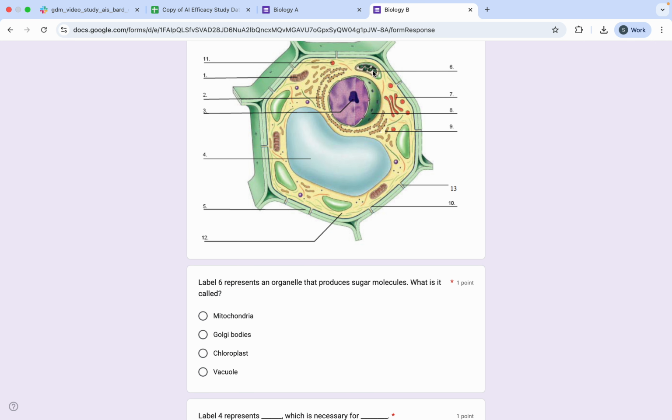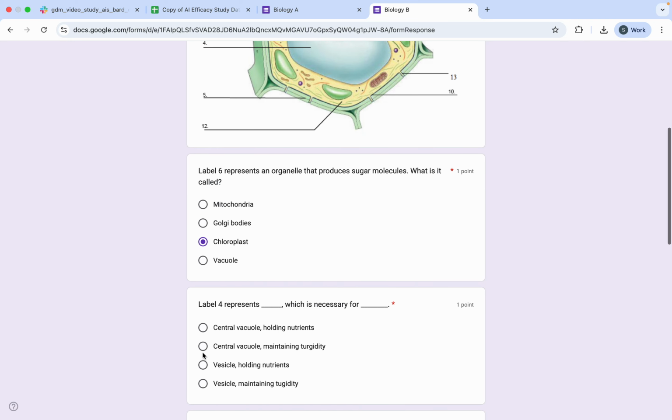It is not vacuole and it is not chloroplast... then Golgi bodies, mitochondria. So I will go for chloroplast.